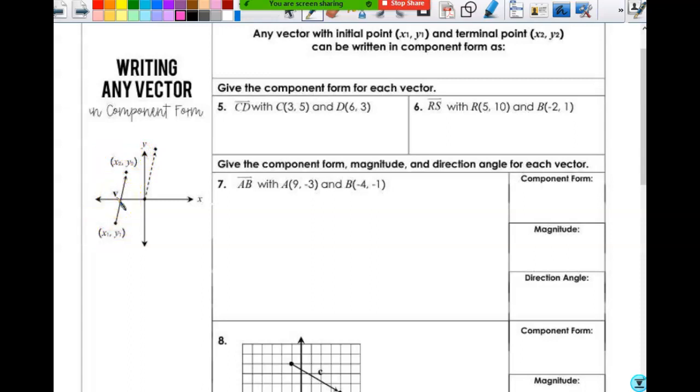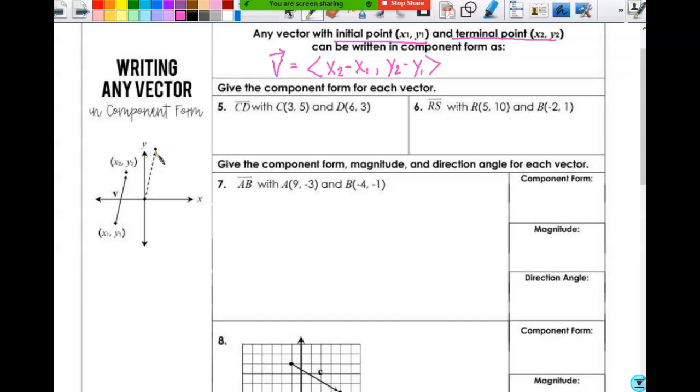That's very easy to do. That vector v would be, now you have to keep this straight. This is my initial point, this is my terminal point. So I have to start with the end, which is x2, y2. So this will be x2 minus x1, and then y2 minus y1. And that's how we get it in component form.